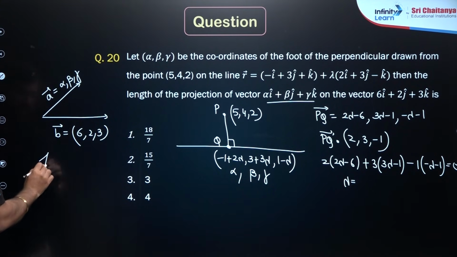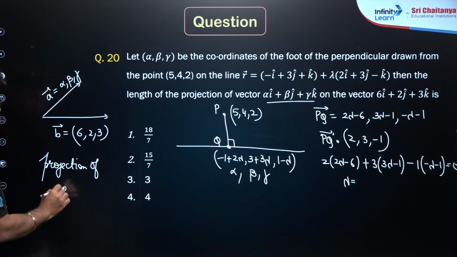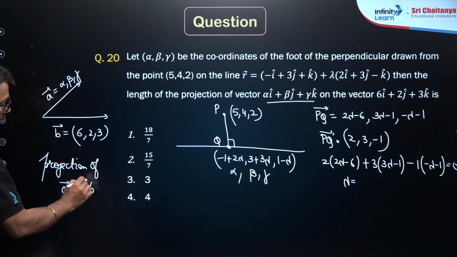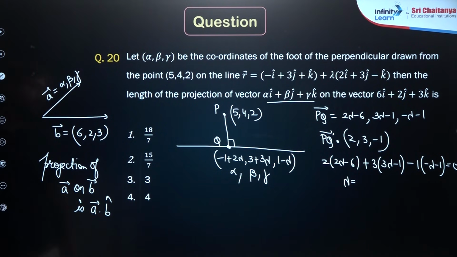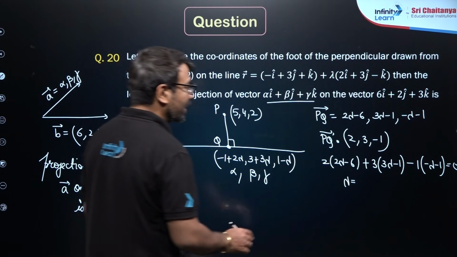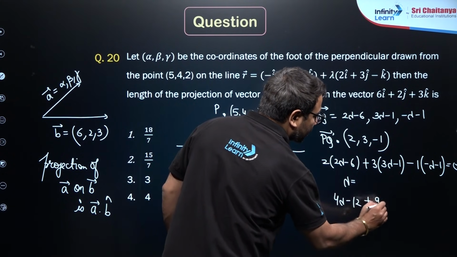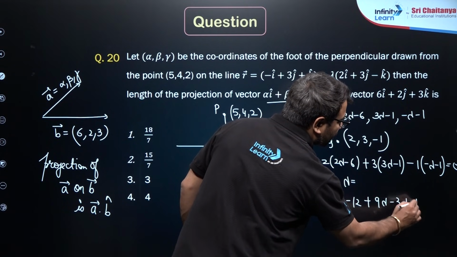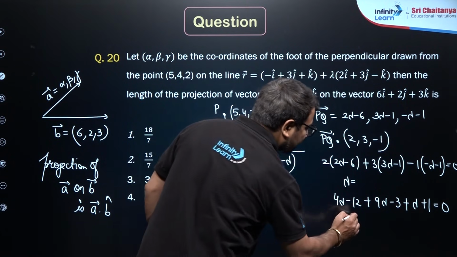So projection of A on B is A dot B cap. So you find the value of lambda from here first of all. 14 lambda will come.